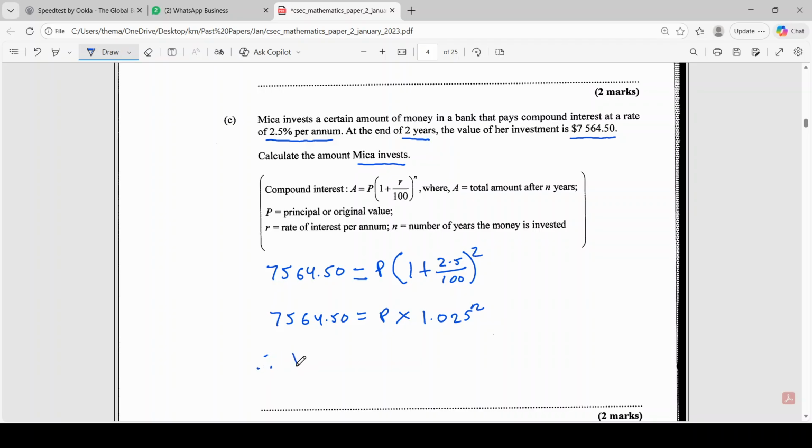So therefore we could say P is equal to 7564.50 divided by 1.025 squared, and that will give us $7,200. So therefore Micah invested $7,200.